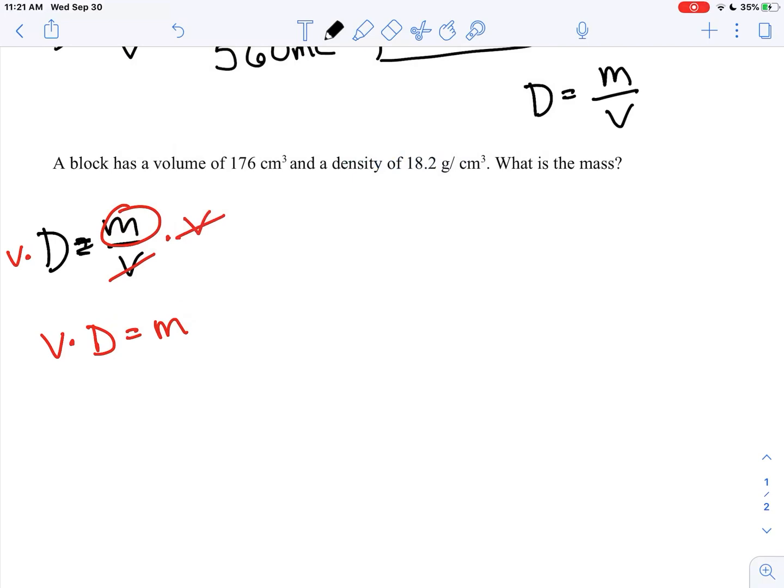And then go back to your problem. What's nice is that this is labeled for you, because it says volume and density, so you don't even need to use the units, but if you did, you could just go back to your formula and make sure your units are correct. But here they already did that for us, so we just plug things in.